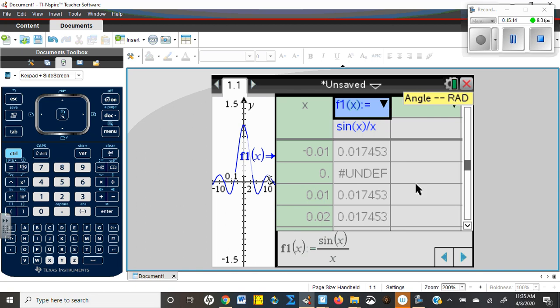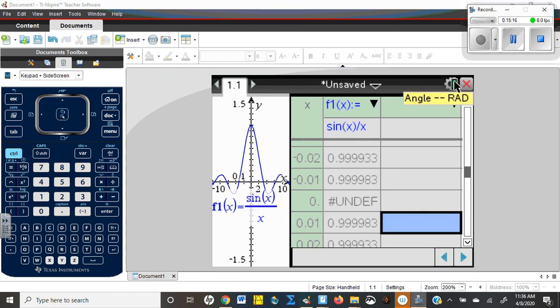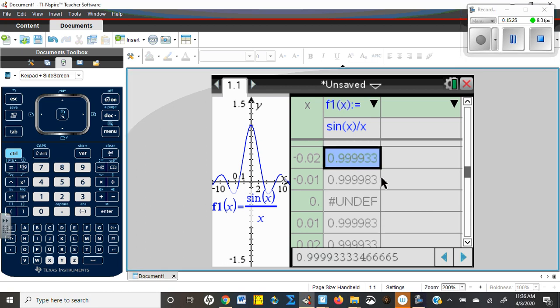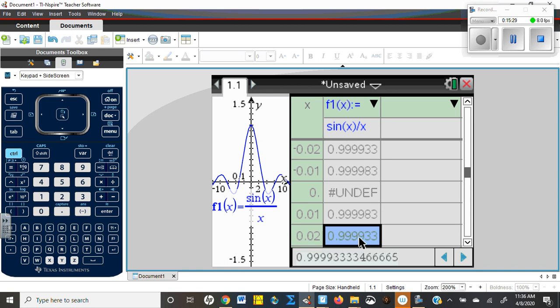That should help us fix this. All right, so now we see that we're in radian mode, and I just had to close the table and then open it back up, and you can see that it put these values into the correct ratios, and you can see how close they are getting to 1 as the x values get really close to 0, which were undefined there, but that's okay.